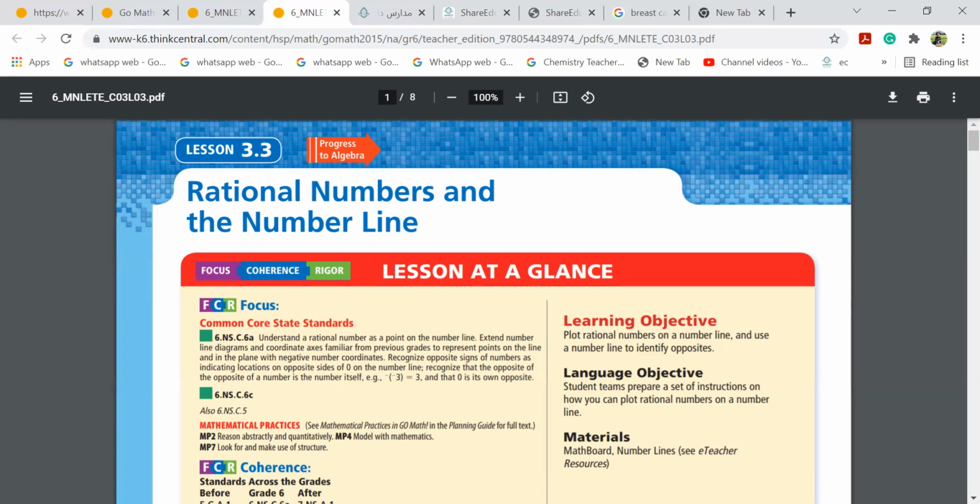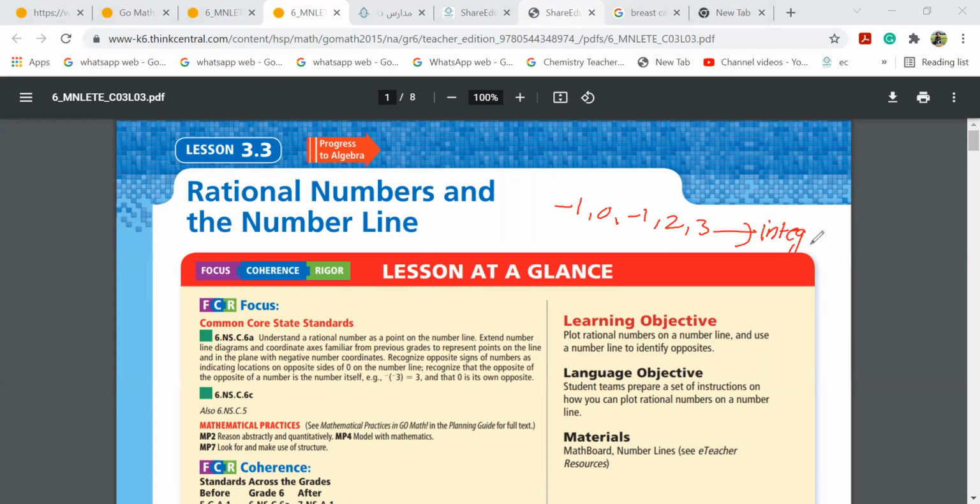We'll start with lesson 3.3, rational numbers and the number line. Today you will learn what a rational number is. Like in last class, I told you, -1, 0, 1, 2, 3, any numbers, what are they called? Integers.